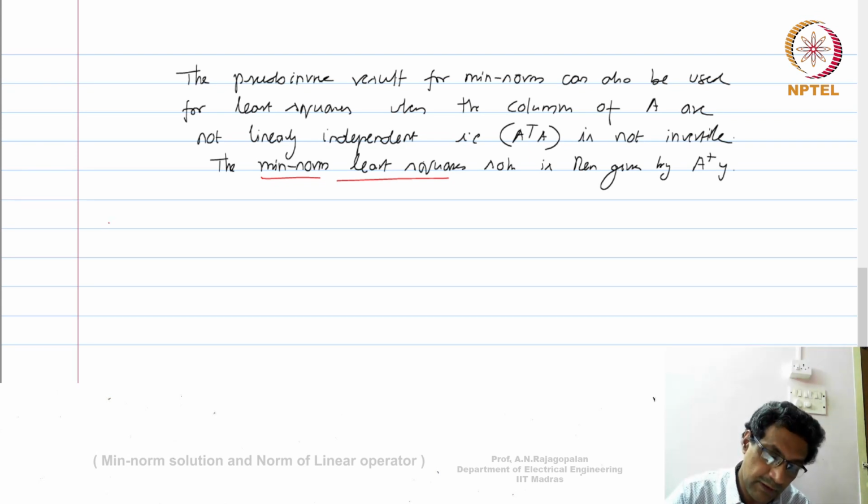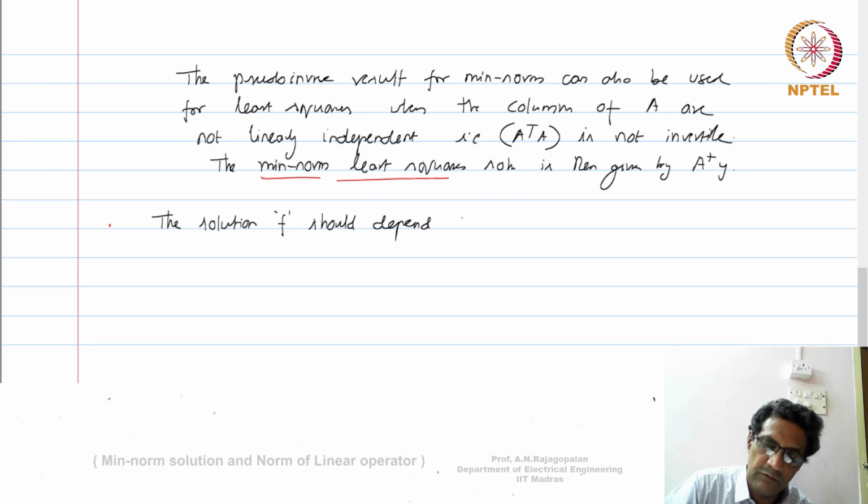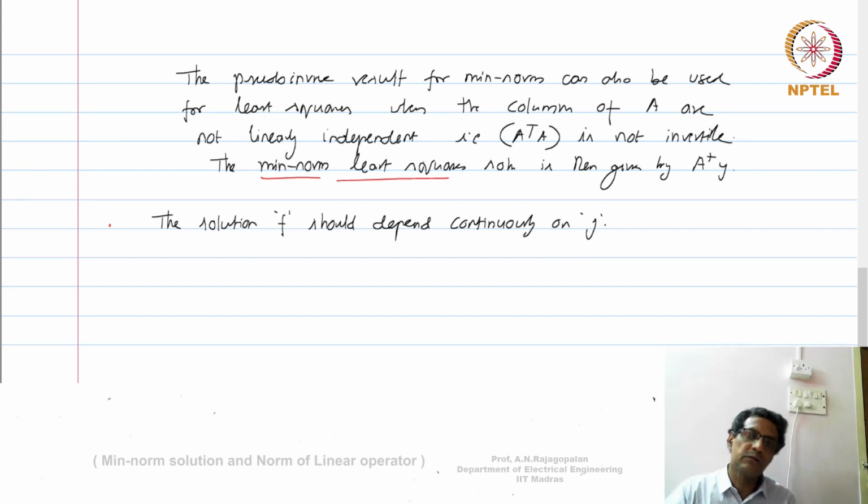Coming to condition number 3 of Hadamard, what he said was that the solution f should depend continuously on the observation g. This plays a very important role.